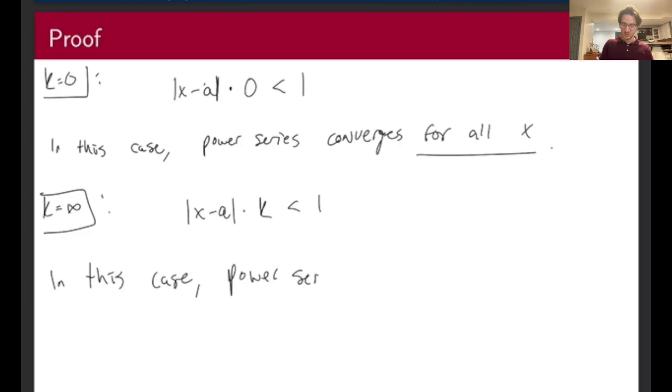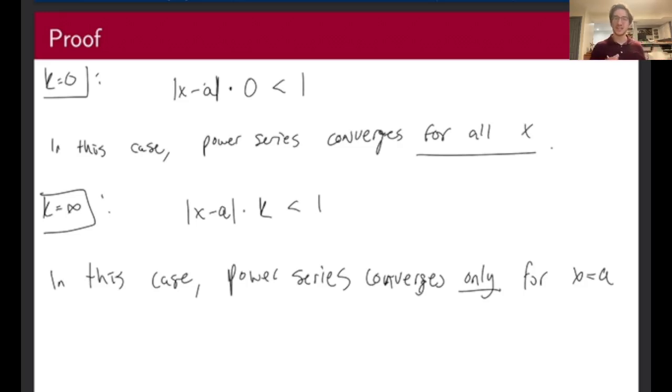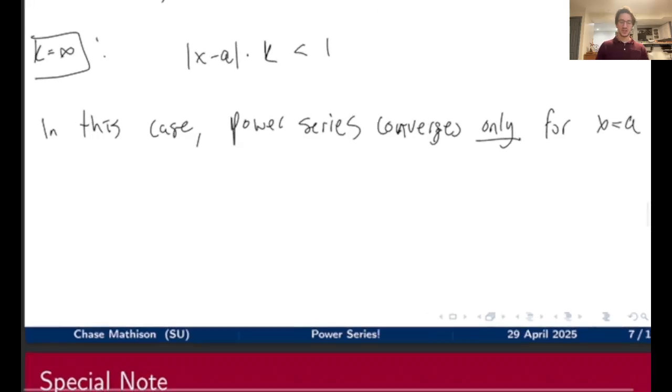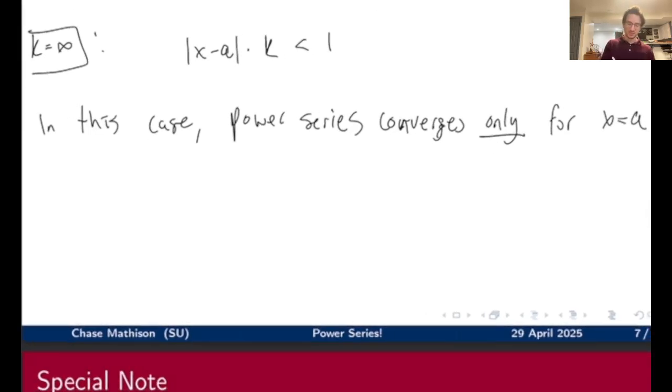Power series converges only for x equals a. Because again, if x isn't a, then I get something non-zero times something that's blowing up, and that will always be bigger than 1 at some point.